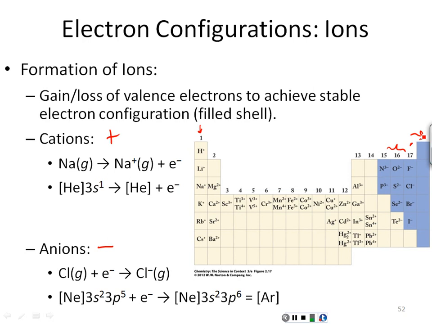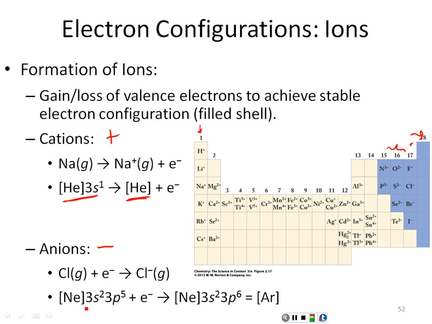So how do we show that? Let's look at sodium, for instance. Sodium has an electron configuration of helium 3s1. Now if we take an electron away from that to form the cation, we're left with simply the helium electron configuration. And chlorine.